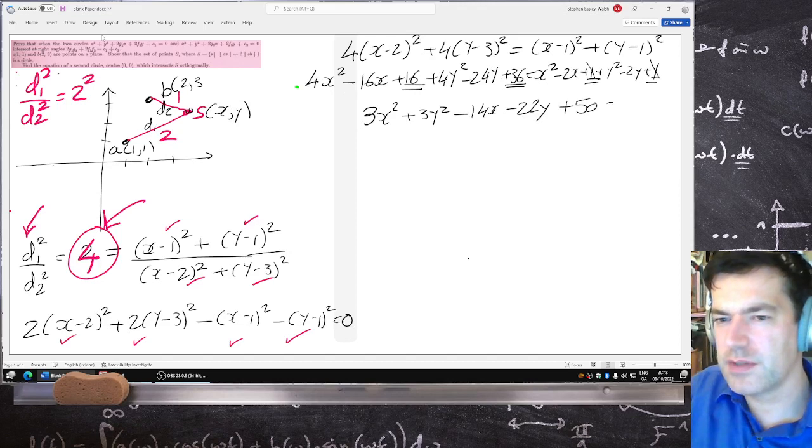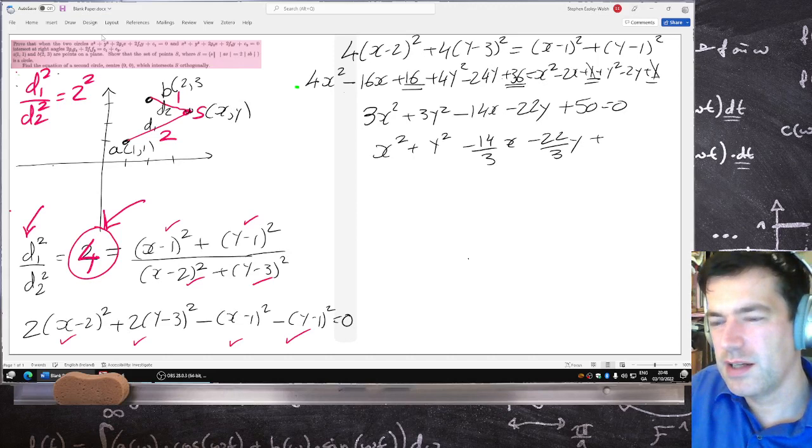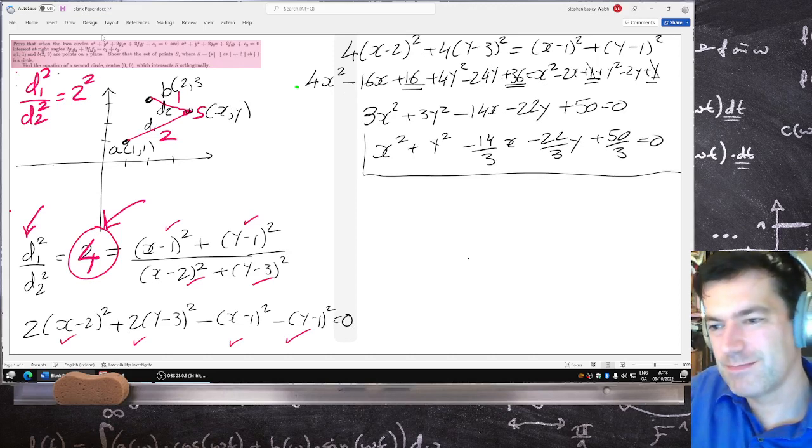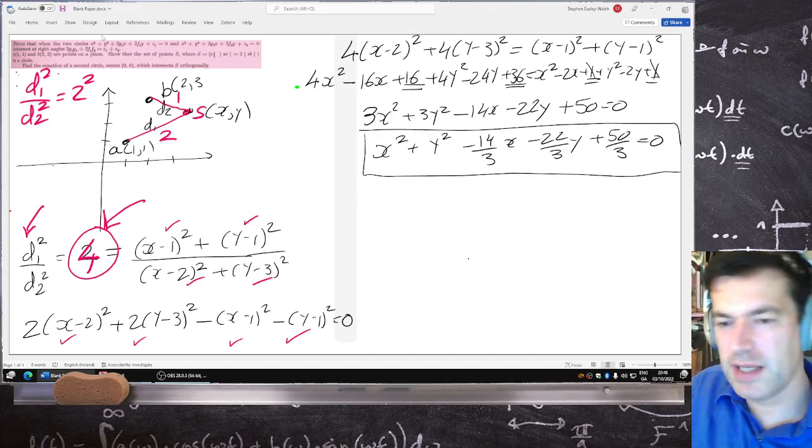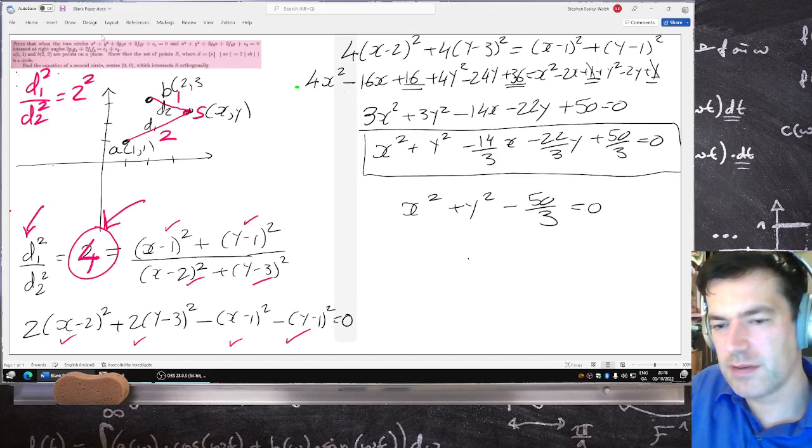Plus 50 equals 0. Messy. Divide by 3: x squared plus y squared minus 14 over 3 x minus 22 over 3 y plus 50 over 3 equals 0. And then just repeating what we did, the other circle would be x squared plus y squared minus 50 over 3 equals 0.